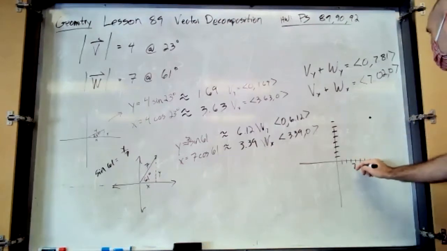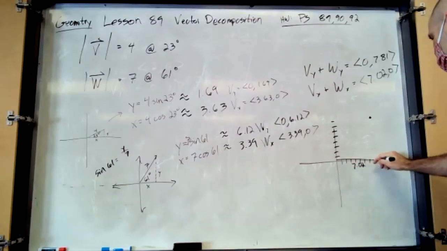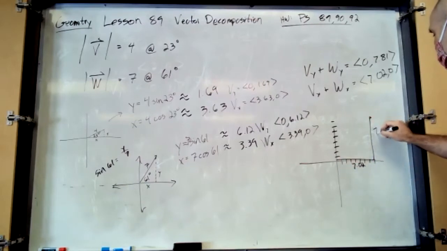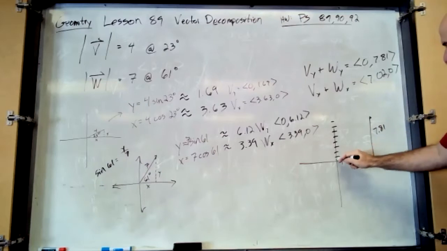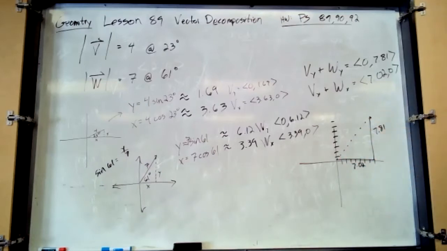So this is 7.02, and this is 7.81. So I want to know what that is. How do I find that? I'll give you a hint: Pythagorean theorem.